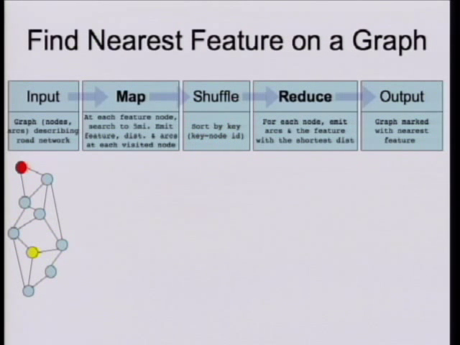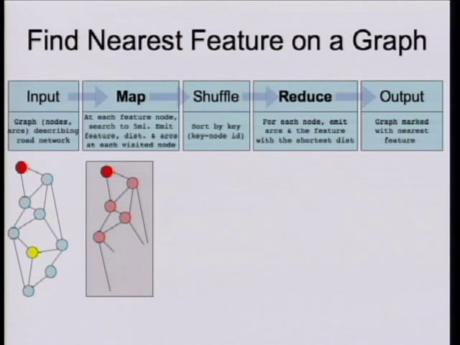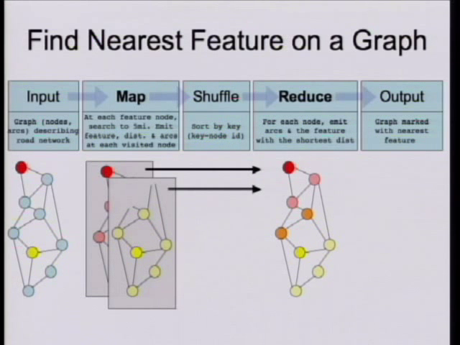Then in the map phase, you could do a Dijkstra search out from each gas station, one Dijkstra search for each gas station. It could go out to, say, a 5-mile radius and emit for every node it touches, let's see if I get this right, the ID of the gas station and the distance to the gas station, keyed by the node ID. You can repeat this for all the gas stations in the world.